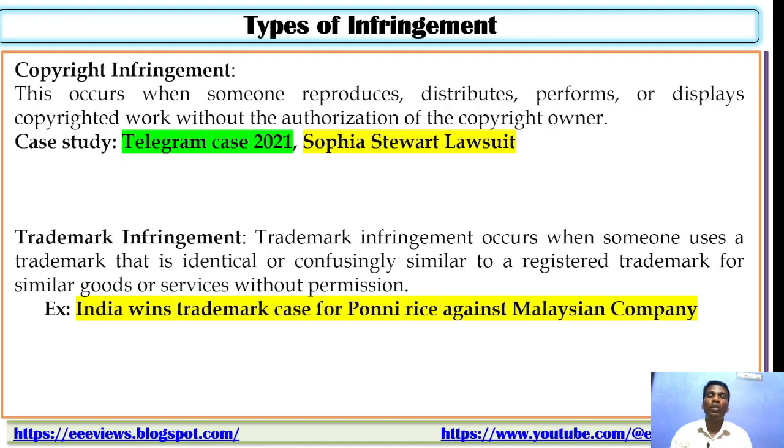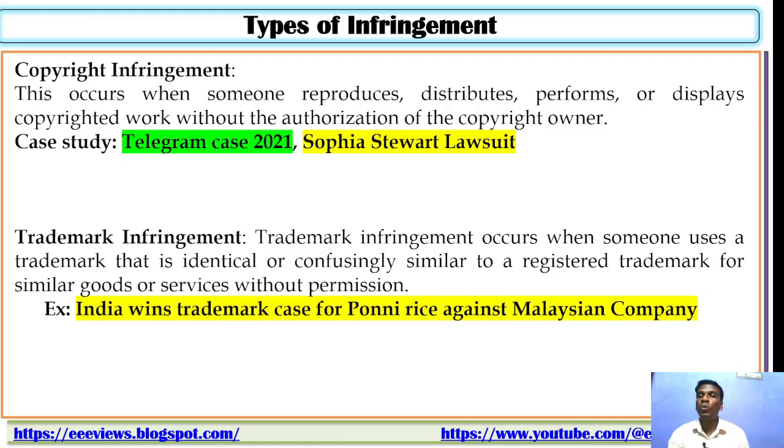So they filed the case. The court analyzed the case, ruled against the Malaysian company, and asked them to stop further distribution of the ponni rice. So this is one of the infringements in the trademark.